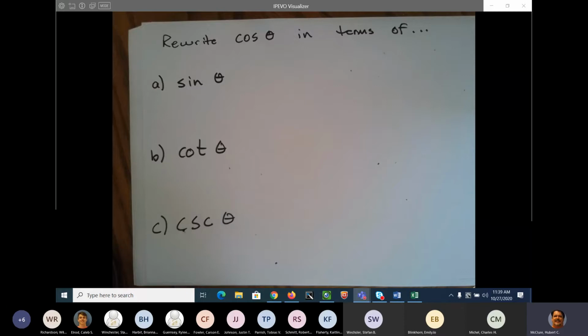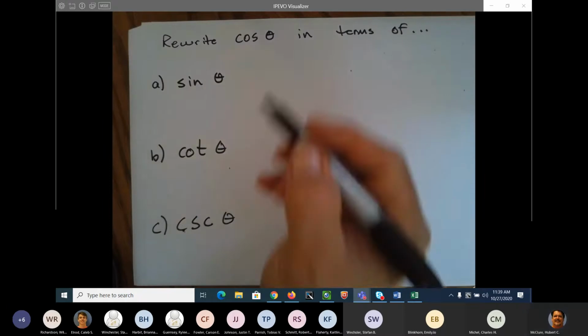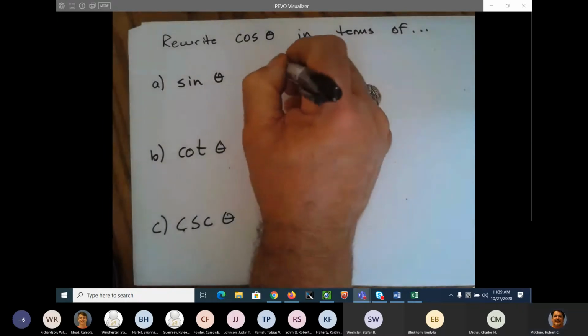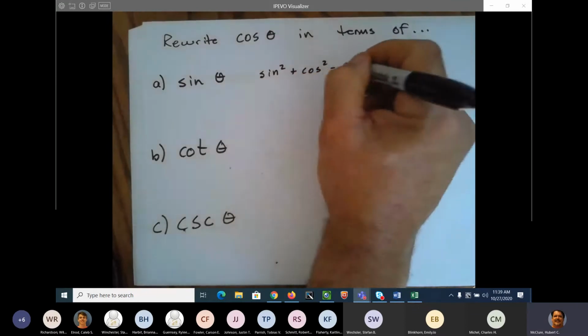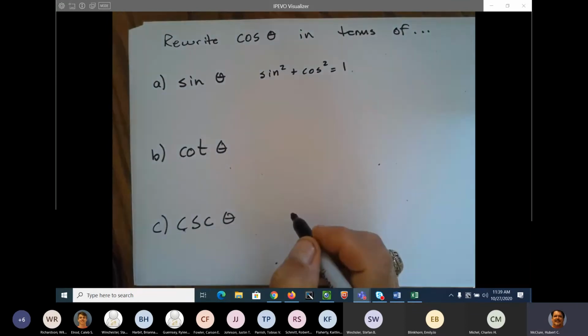Now the first one is real simple. Take your Pythagorean identity, sine squared plus cosine squared is equal to 1, and solve it for the sine.